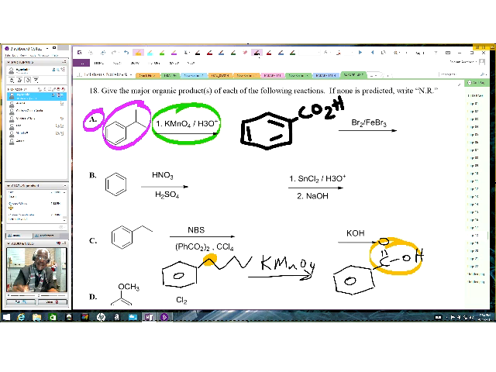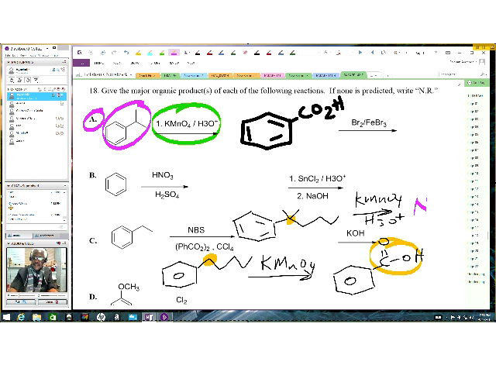For example, if I gave you this, with potassium permanganate in dilute acid, because this carbon attached to the benzene ring does not have a hydrogen, what you are going to write here is no reaction.